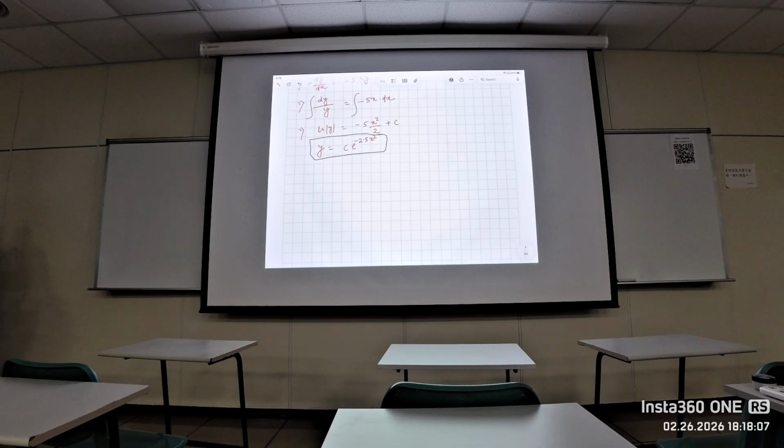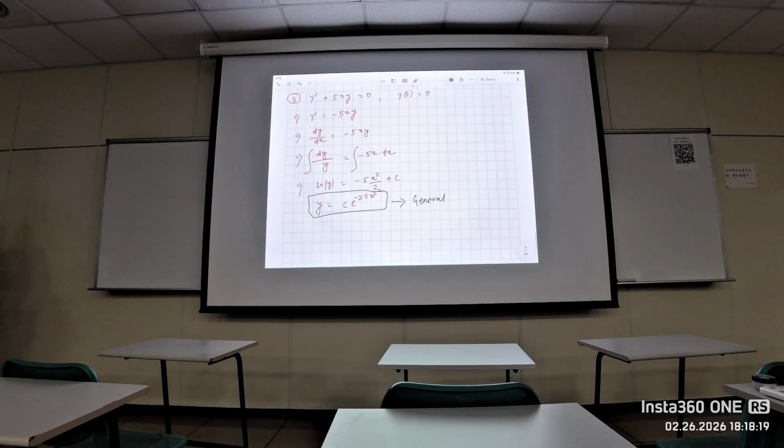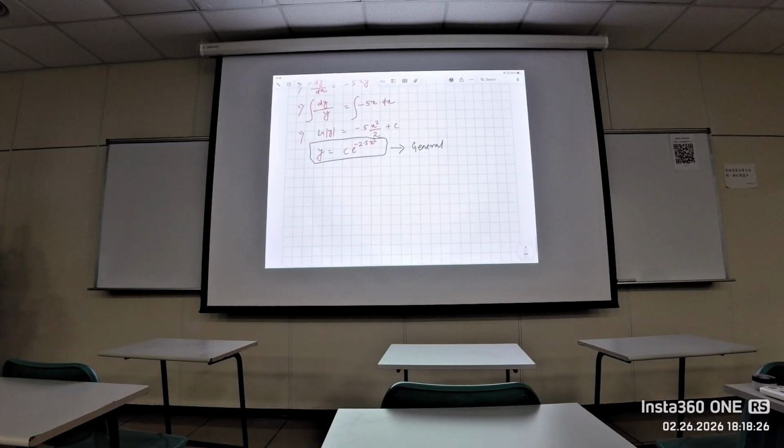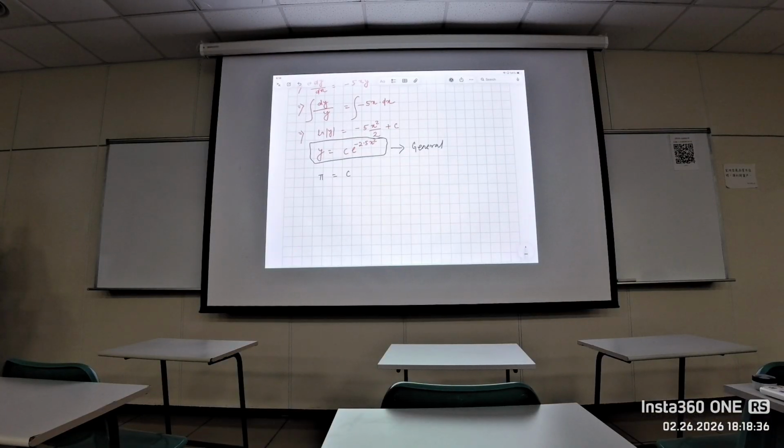Okay, so this is what kind of solution? General. We need to find out the particular one. That means when x is equal to 0, y is equal to pi. So let's put the same value. It is pi is equal to c e to the power minus 2.5 into 0.